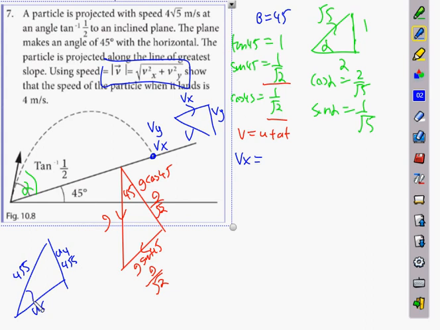What we say that is alpha, isn't it? 4 root 5 sine alpha and 4 root 5 cos alpha. Excuse me guys, what is 4 root 5 sine alpha? Sine alpha is 1 over root 5. So you can replace sine alpha with 1 over root 5, and you can replace cos alpha with 2 over root 5.